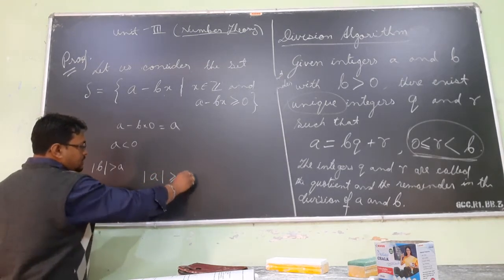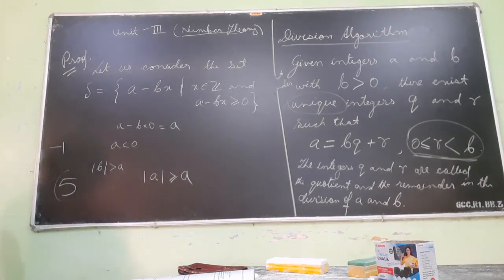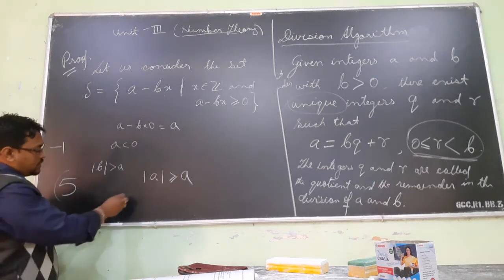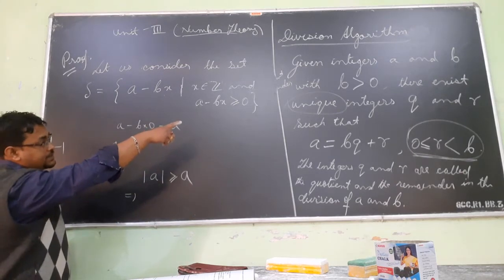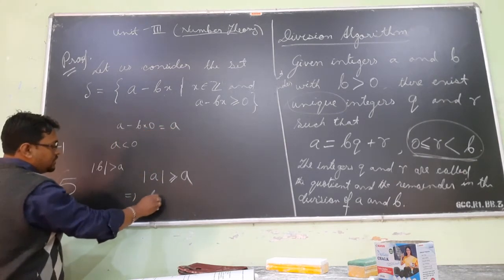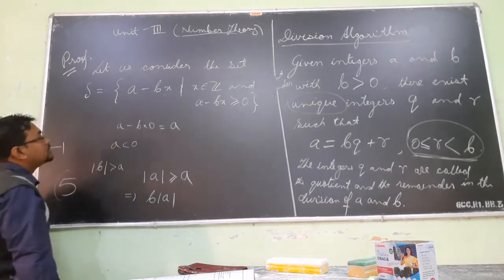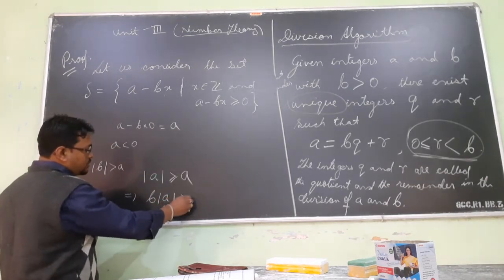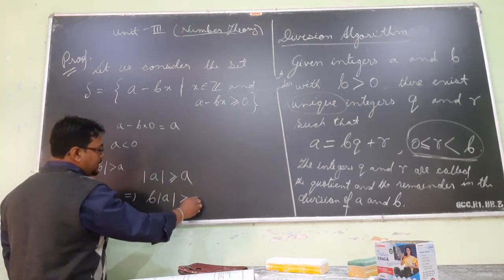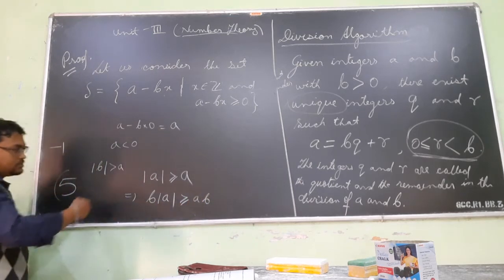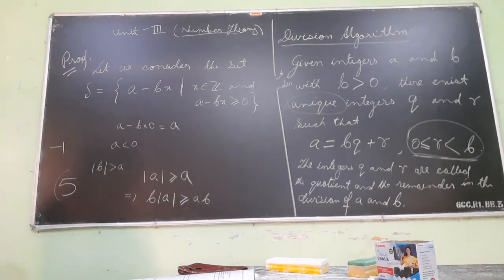Mod of a is always greater than or equal to a. So from there also you can conclude something. b is a positive integer, so if you multiply both sides by b, then b into mod of a will be greater than or equal to a into b. So from there you can have some idea.